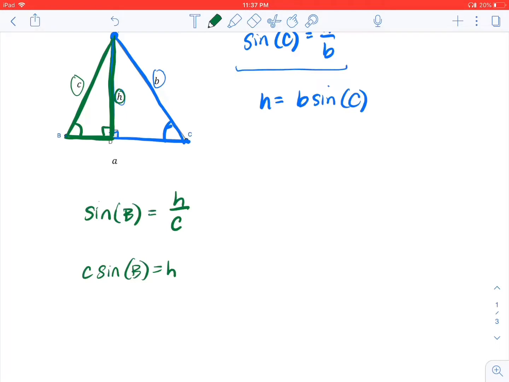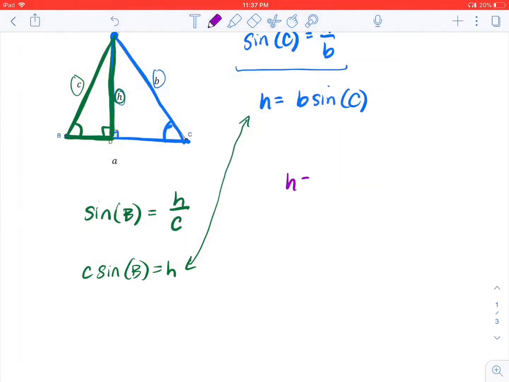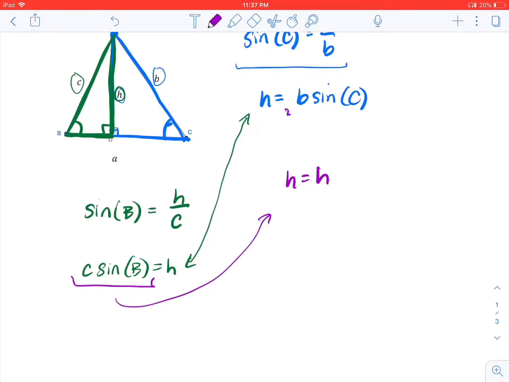Noting that that's the same h in both of these pieces, I know that h is equal to h. So I'll pull one expression of h from this equation and one expression of h from the other equation.